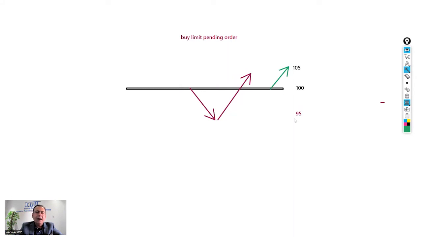So a buy limit pending order is always from the lower level, and a buy stop pending order is always from the higher level from my current market price.